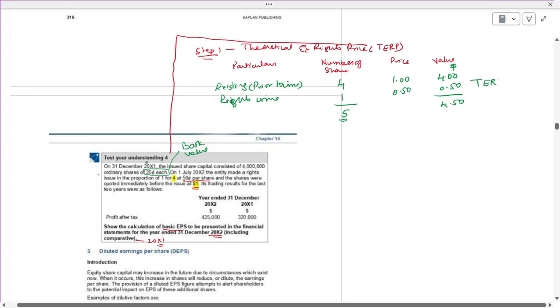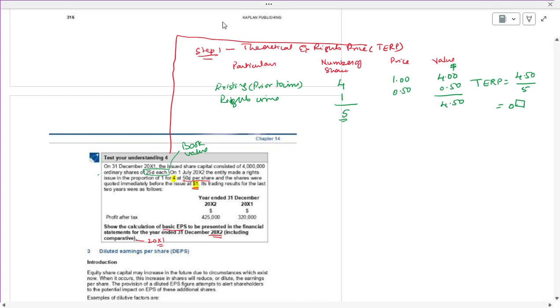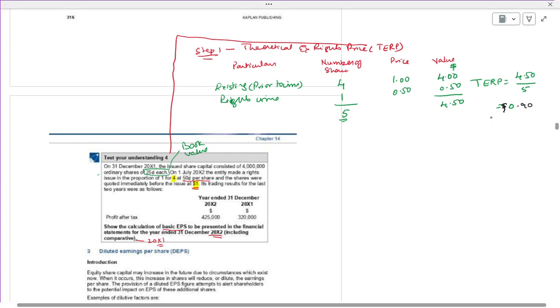Theoretical ex-rights price equals 4.5 divided by 5. It comes to 0.9. This is step 1.